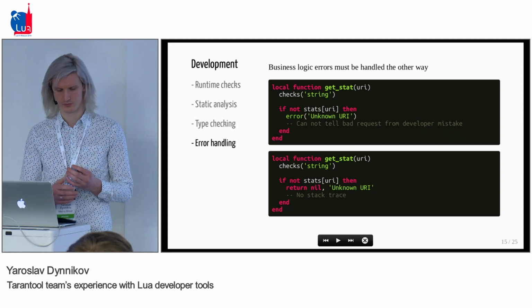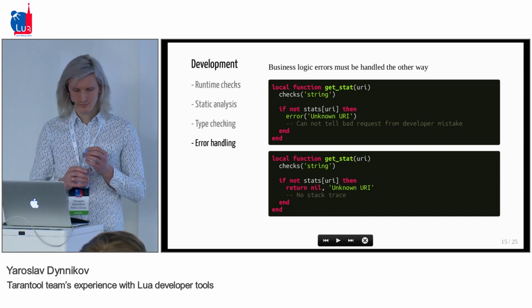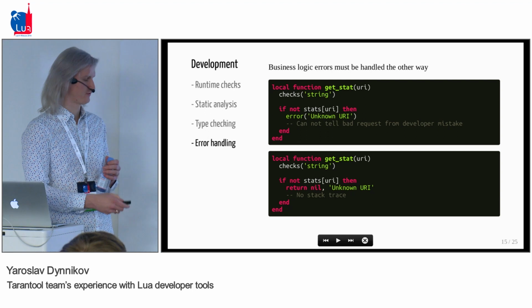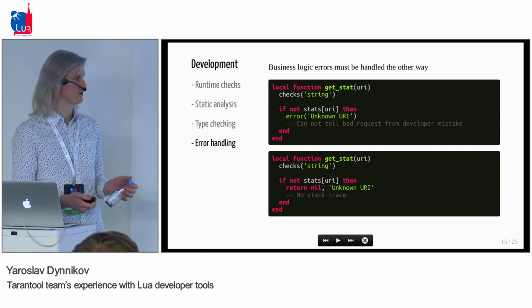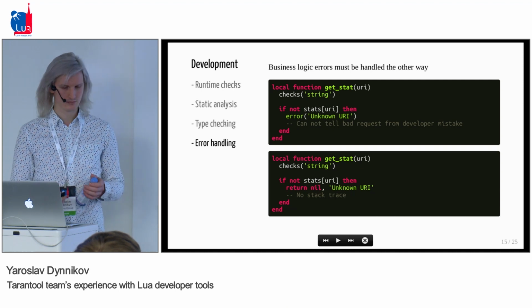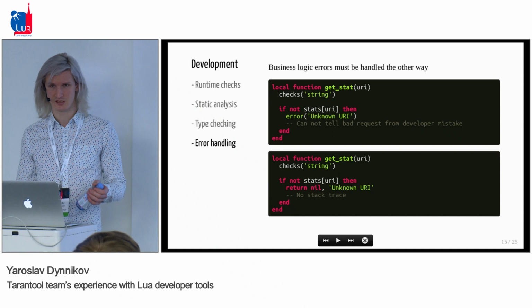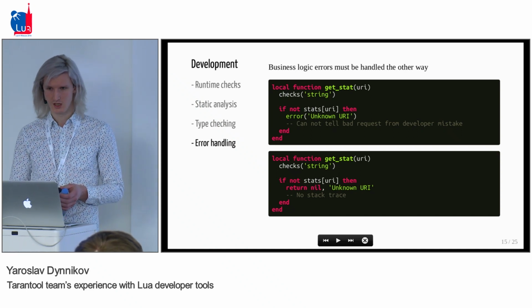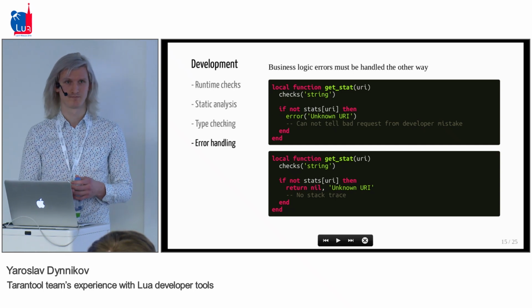It's another popular approach too. So if checks raises an error, it's one kind of error, and business logic gives another kind of error, so we can distinguish them, but in this case we lose the stack trace. So it becomes harder to debug business logic errors.